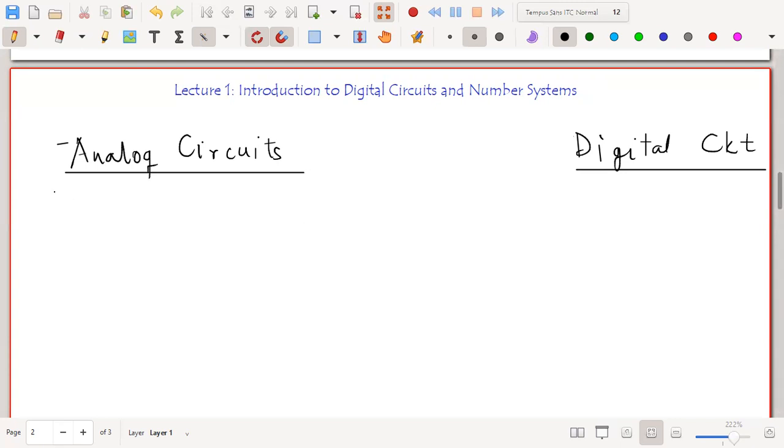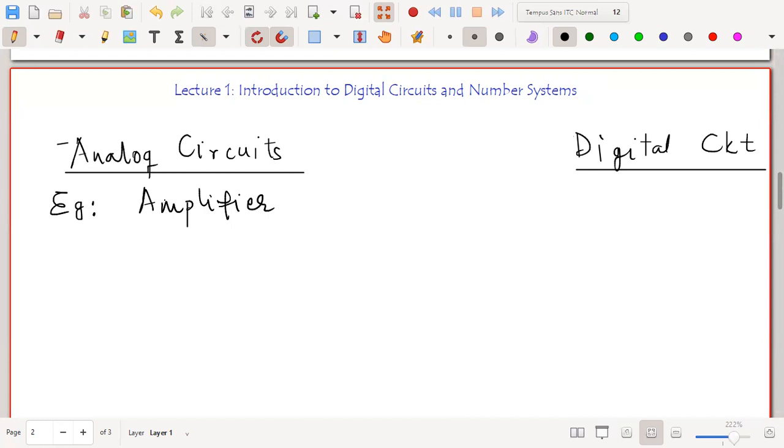Let me try to make it very brief here. I am just starting with an example of analog circuits. Let me write the example here, amplifier. A transistor amplifier, let us take for simplicity, is a very simple example of an analog circuit. Why?